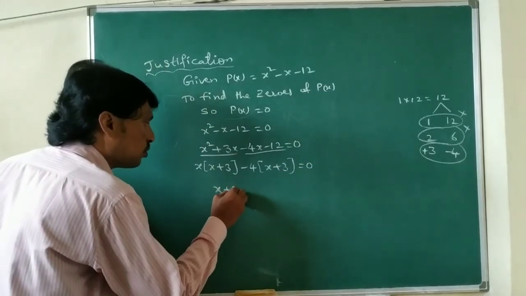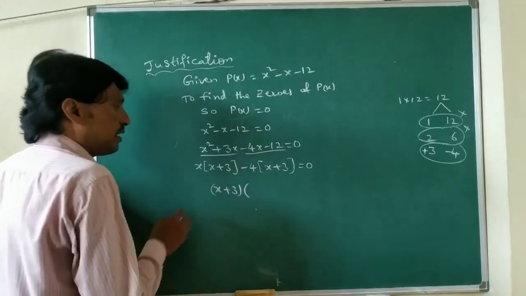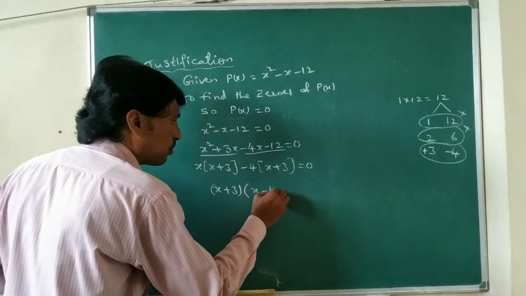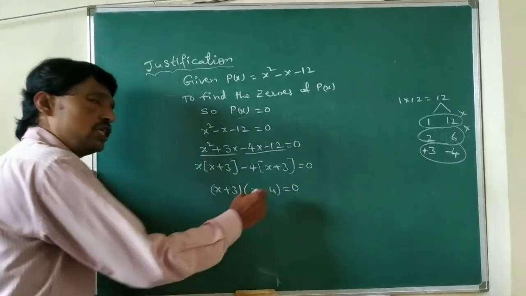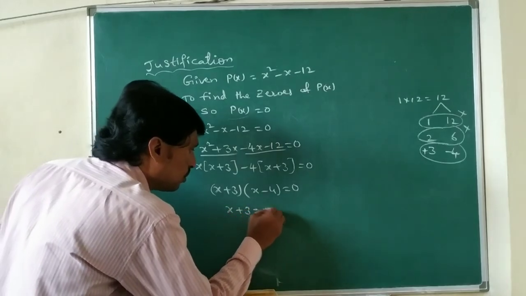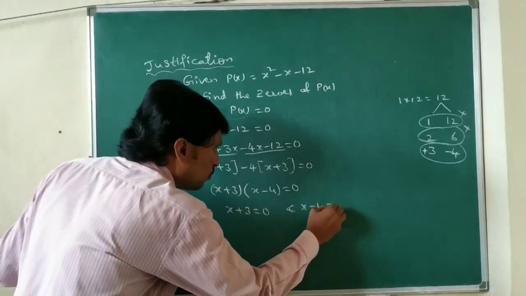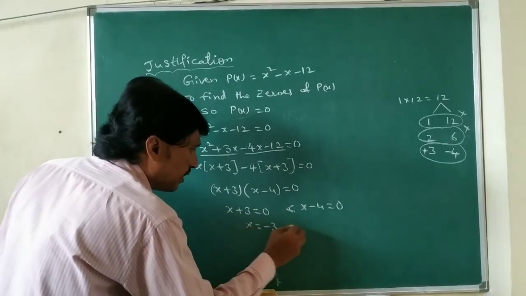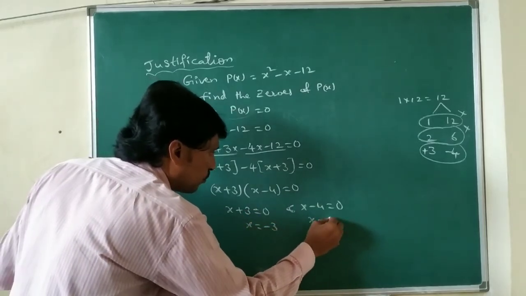So x plus 3 we can take as common. Taking it common, what remains is x and minus 4, equals 0. Now we can write each factor individually: x plus 3 equals 0 and x minus 4 equals 0. Transposing the plus 3, x equals minus 3, and x equals 4.